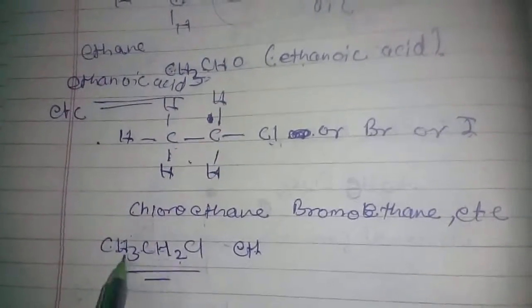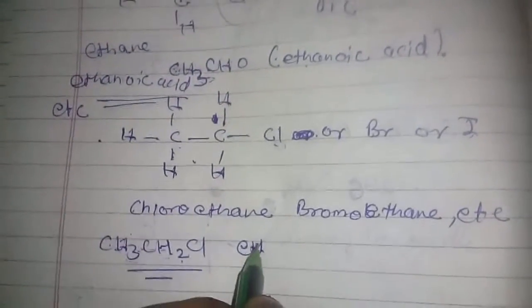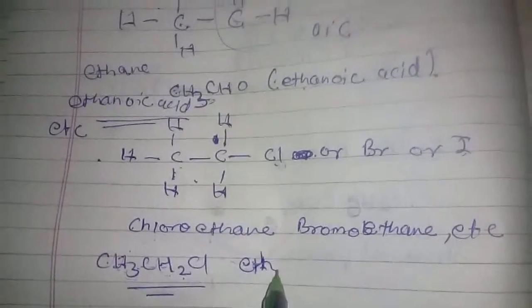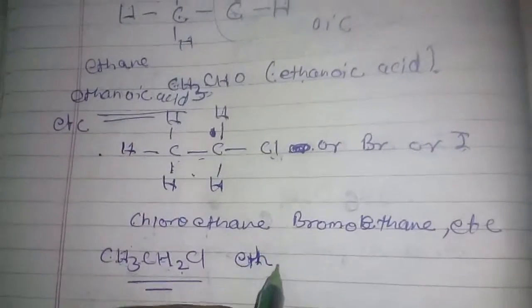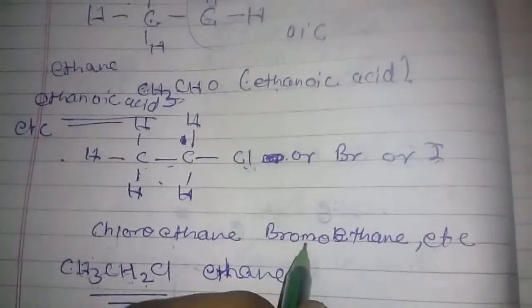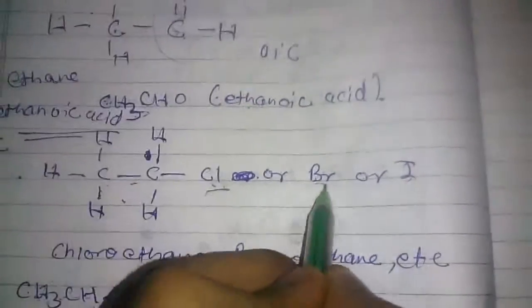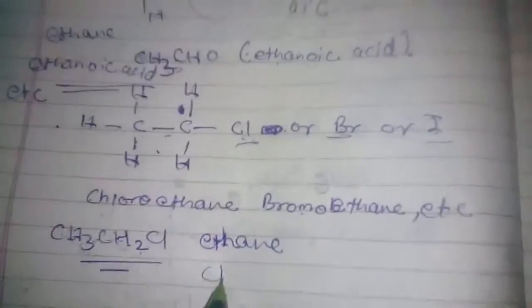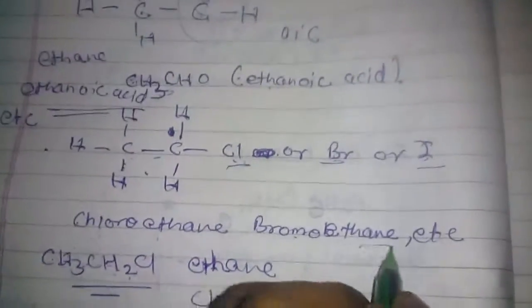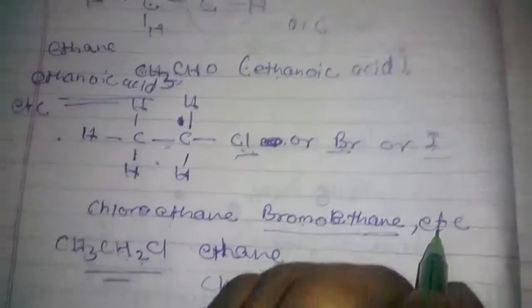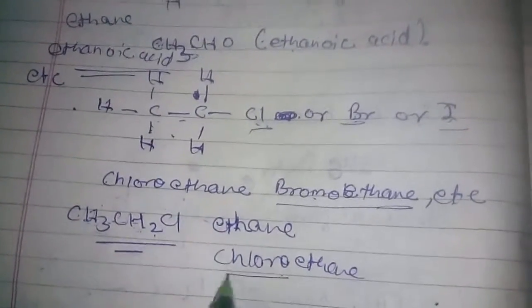The presence of 2 carbons makes it ETH, and as there is only a single bond, it is ANE. However, the presence of chlorine, bromine or iodine will make it chloroethane or bromoethane, etc. You have to add that name at the start.